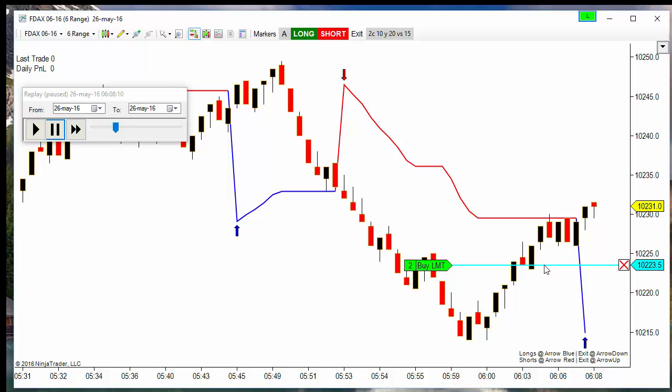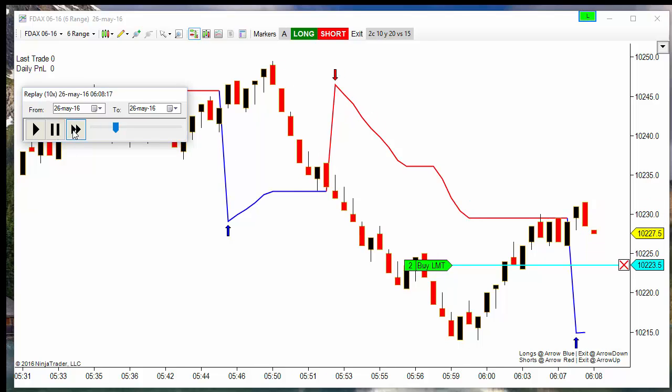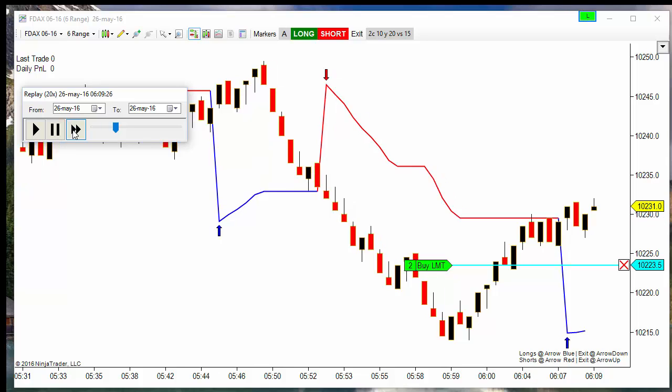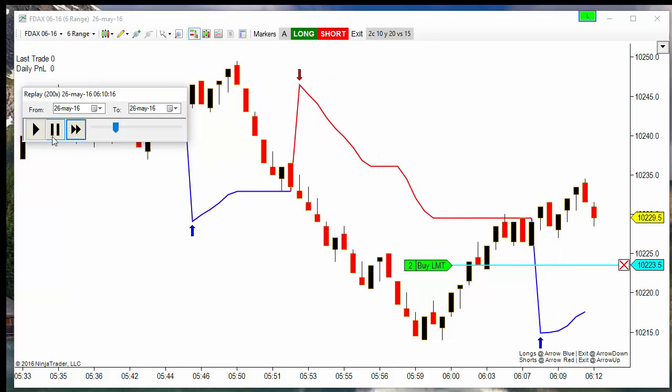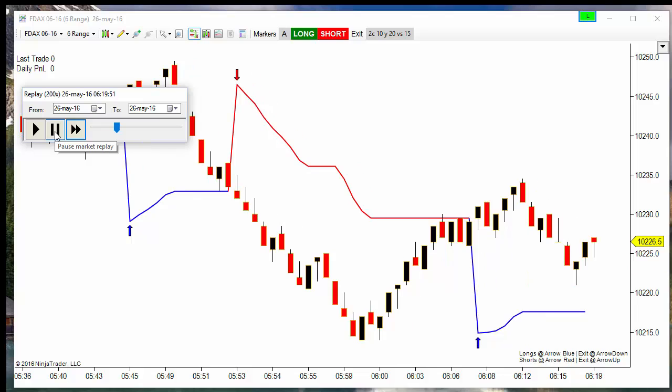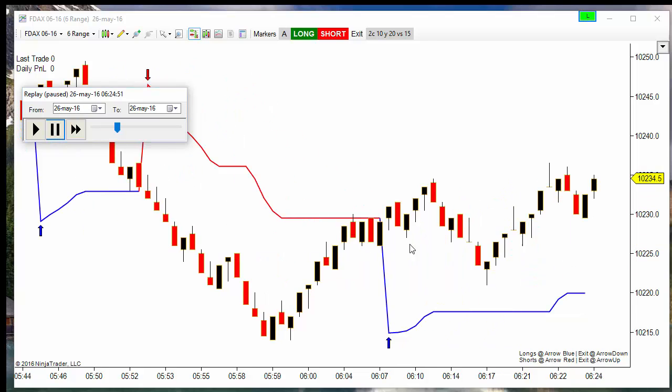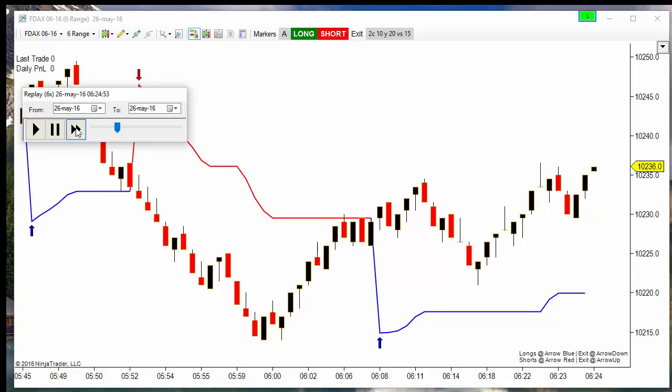And this order will remain active only for 10 bars. If the market doesn't come back in the following 10 bars, then the order is cancelled. The order was cancelled, so we have no entry.